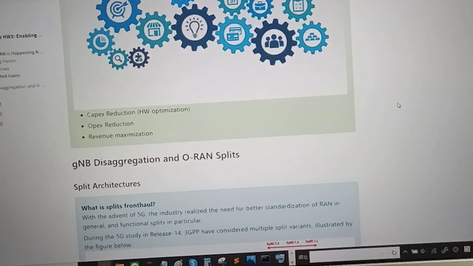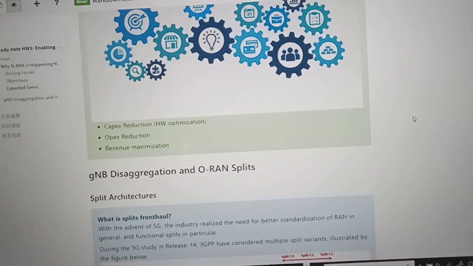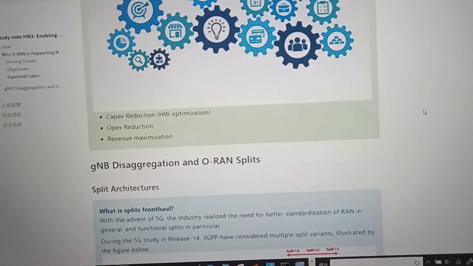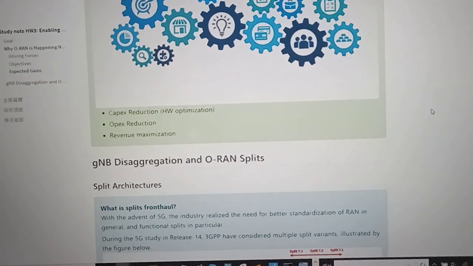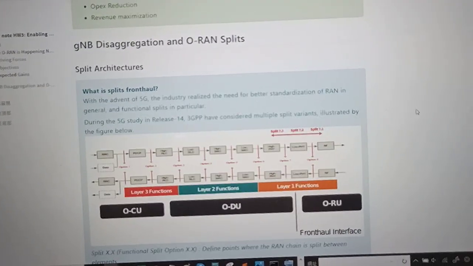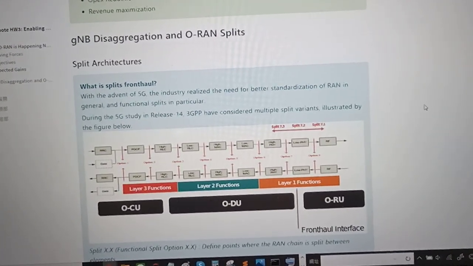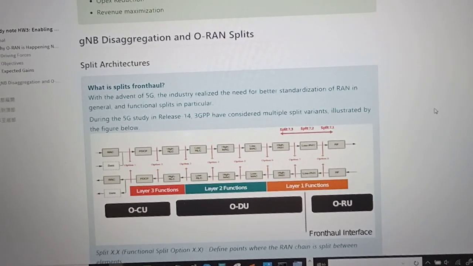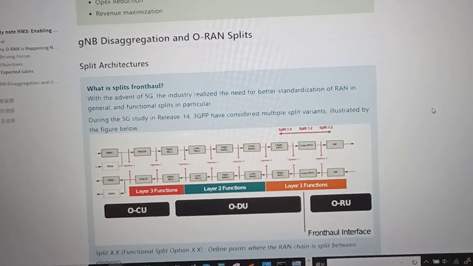And then we start to introduce the Fronthaul interface of O-RAN. The first is about the split architectures. What is a split Fronthaul?